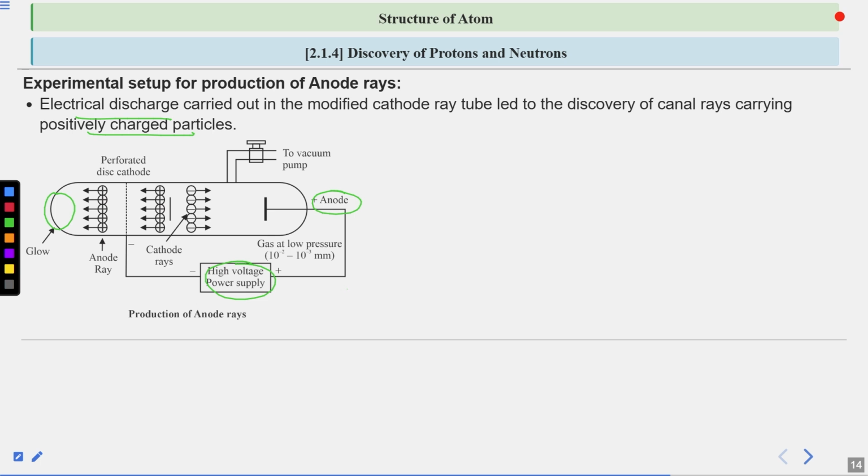This indicated the anode rays. It indicated that something positively charged is present, because it is moving towards the cathode, which is negatively charged, and is creating a glow at the end of the tube. In this way, we found the anode rays.